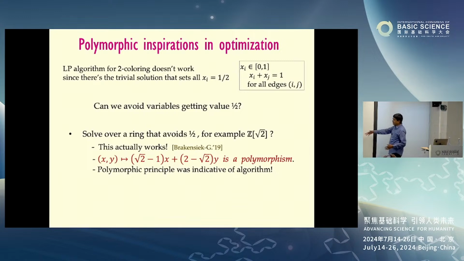Why? Because now you can make a convex combination where both these numbers are between 0 and 1. Oh, there might be an algorithm. You have no complicated ways you can think about algorithms.